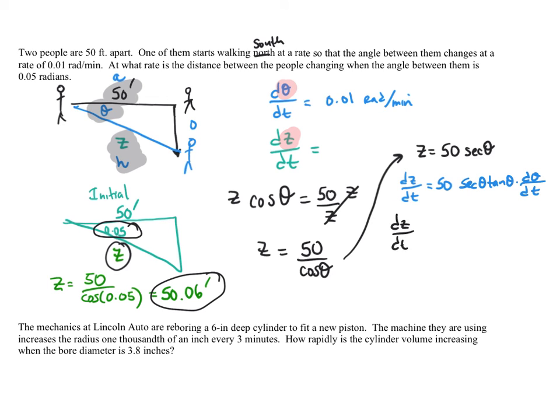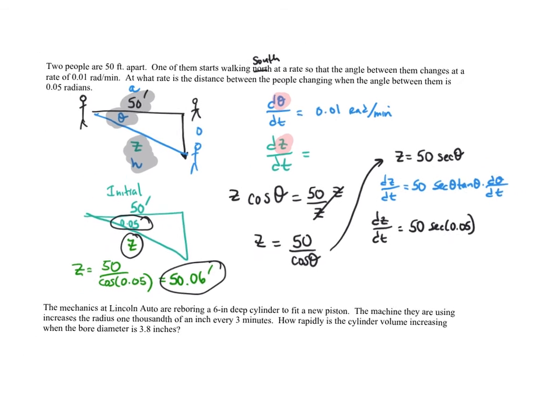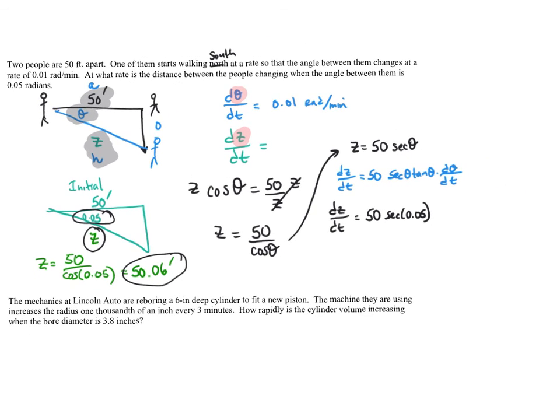So dz dt is going to equal 50 times secant of theta, so secant of 0.05. Most of us do not have a secant button in our calculator, so we'll talk about how to deal with that. Times tangent of 0.05 times d theta dt, which is 0.01.